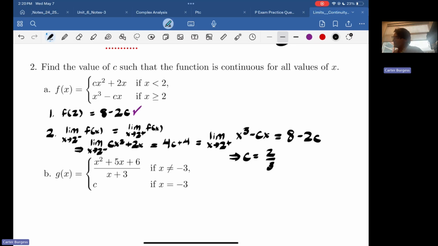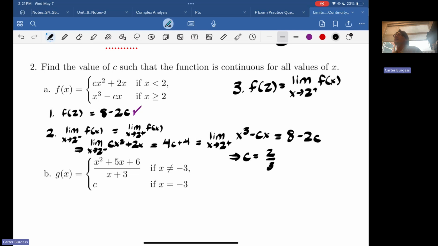This is going to be kind of trivial for this particular problem, but I will go through a quick rough process of it. The brute force way to know that they match would just be to plug 2/3 in for c and show, do they match? Easier than that though, is to say that f of 2 should just be the same as the limit as x approaches 2 from the right of f of x.